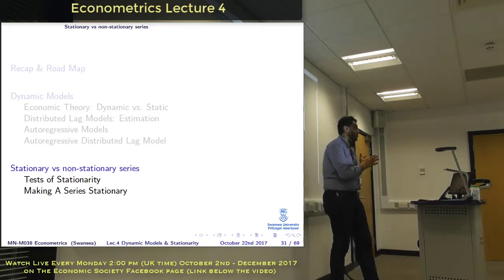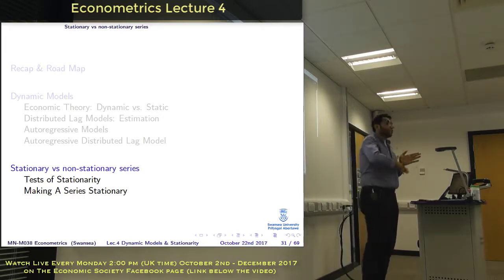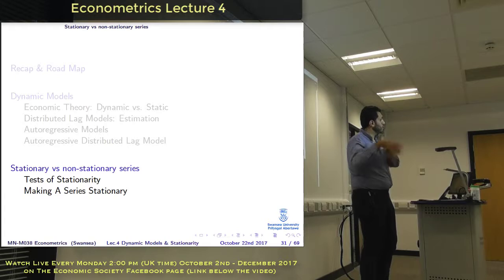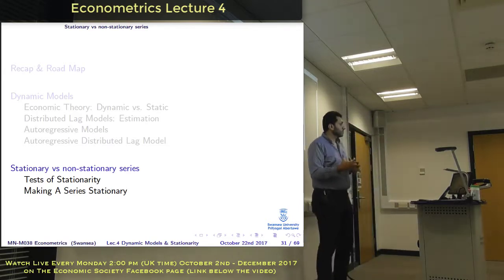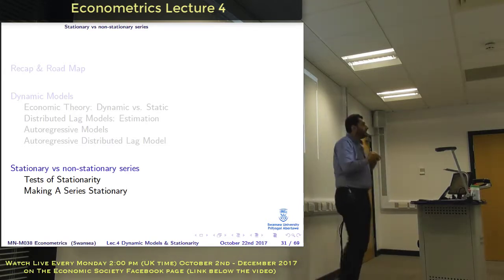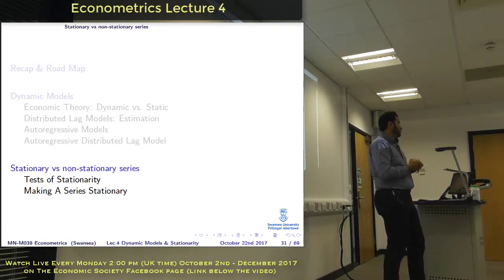When we talk about theory we usually talk about equilibrium, but there is a process to reach this equilibrium. And that's why we need to take the time element, or the dynamic aspect, of any model into consideration.